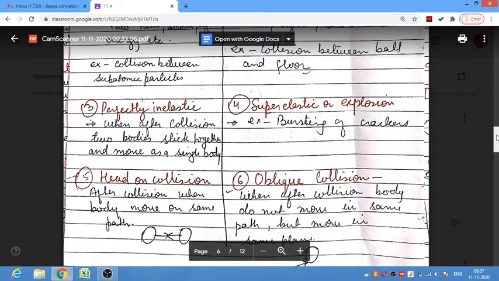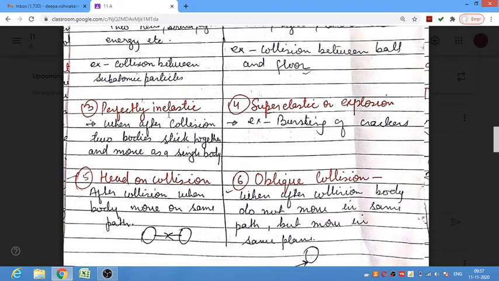The next type of collision is perfectly inelastic collision, when after collision two bodies stick together and move as a single body, and there we can consider the initial velocity and final velocity.